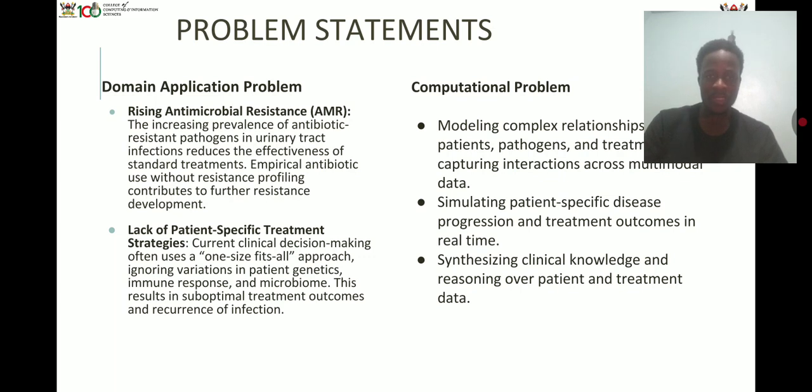The next problem is the lack of patient-specific treatment strategies, because most clinical decision making depends on an abstract of the patient's characteristics or the patient sample space. There's a lack of patient-specific treatment strategies.